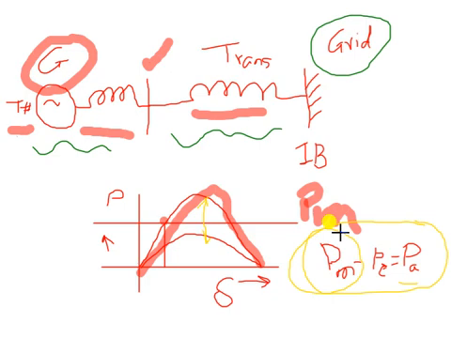So your mechanical power remains the same; the steam flow in the turbine is the same, and your generator is trying to generate that much power. But at the same time, whenever a fault occurs, your electrical power demand in the system decreases. So ultimately your demand is lesser than supply, and you get accelerating torque and accelerating power in the system, which is not desired.